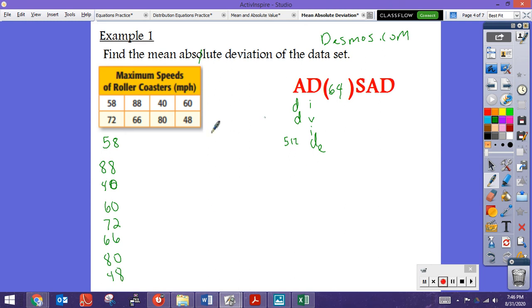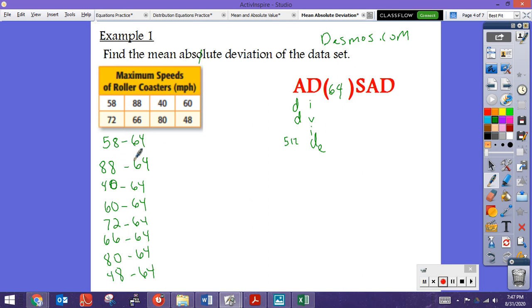Right, and I'm going to subtract each of these numbers. All right, I'm going to write minus 64 on all of these. Right, how far is each number away from 64? So I'm just getting the difference. Okay, and then you just do that subtraction.